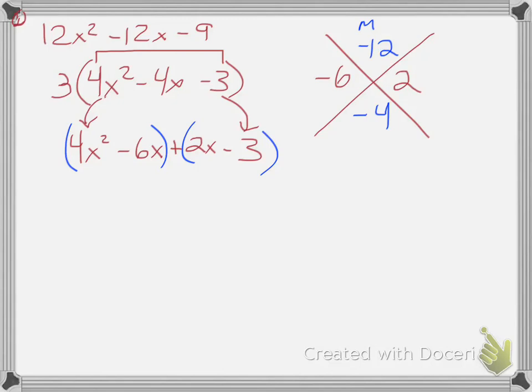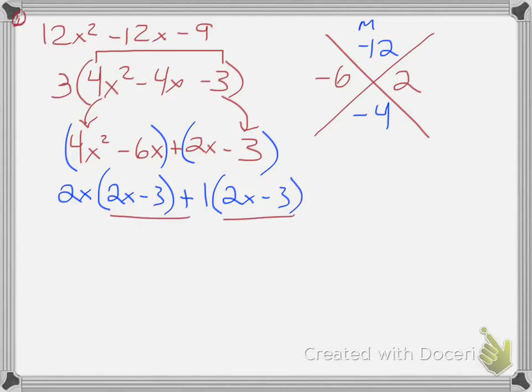The greatest common factor of 4 and 6 is 2. I can also factor out an x, and I'm left with 2x minus 3. And this second parentheses, because I can't factor anything out, I'm going to still write a 1 in this case. And I have 2x minus 3. Again, notice that these two parentheses match. So that's one of them.